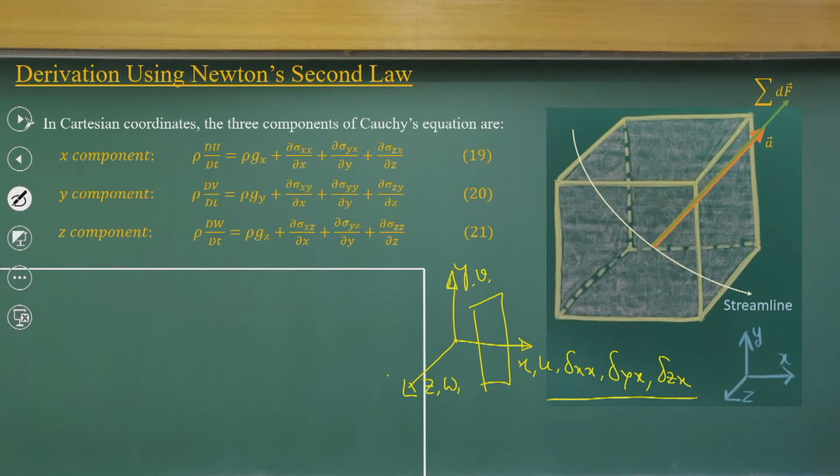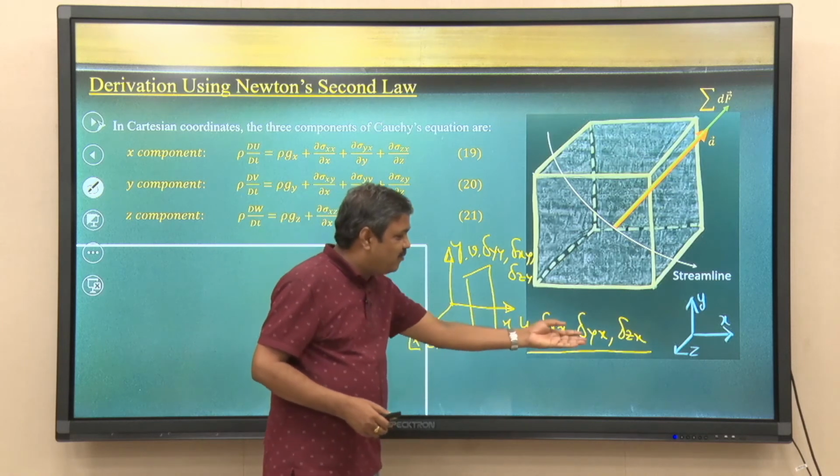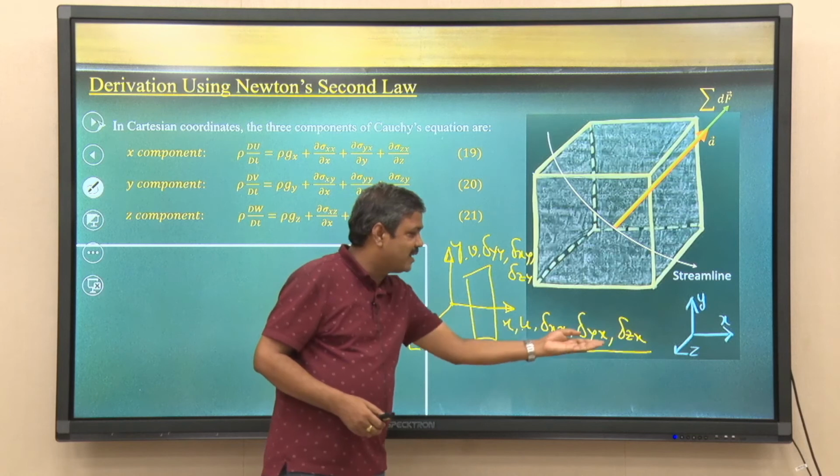As soon as you put the coordinates, write u, v, w. Same way, if I am to write this part, I will write sigma y y, sigma x y, sigma z y. So, these types of notations you just have to practice, and you can easily find out that these are all in x direction components.